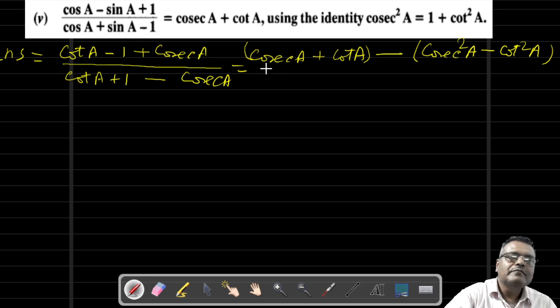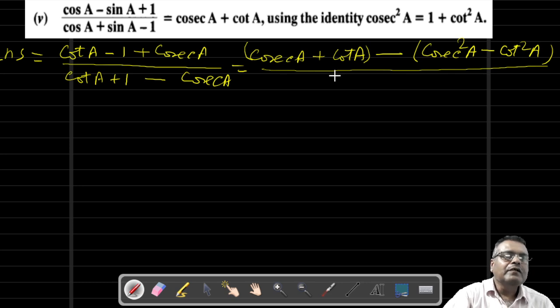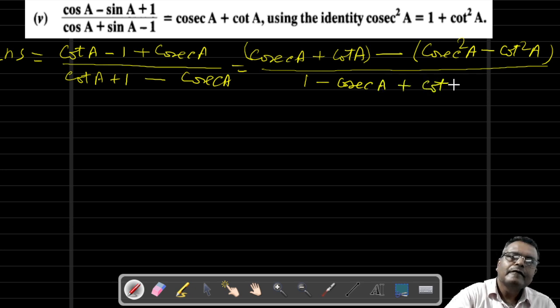That is why we can write this one 1 minus cosec A plus cot A. You see, cosec square A minus cot square A can be written cosec A plus cot A into cosec A minus cot A, because a square minus b square is a plus b into a minus b.